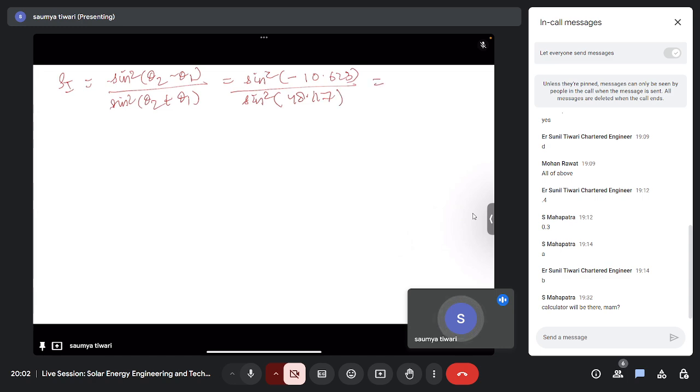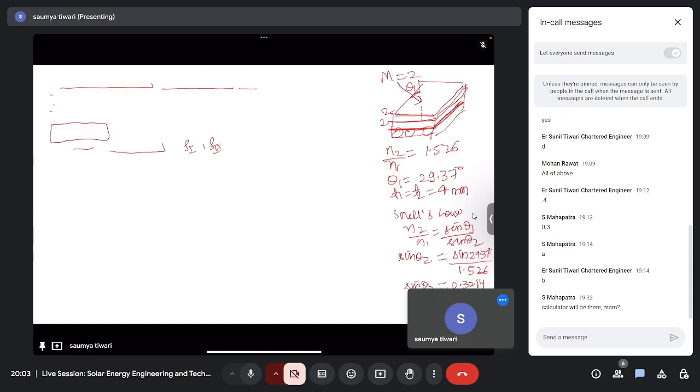So this value, I think, will come to be 0.0613. Similarly, you can calculate the second value. This is the tan ratio: tan square of theta 2 minus theta 1 upon tan square of theta 2 plus theta 1. If you solve this, you will get the value 0.02829.